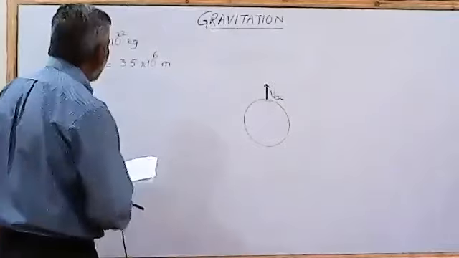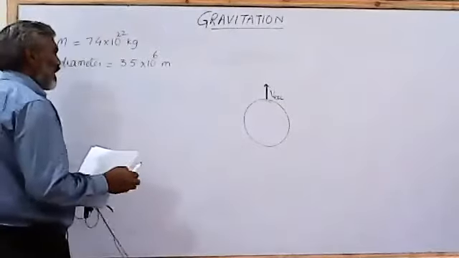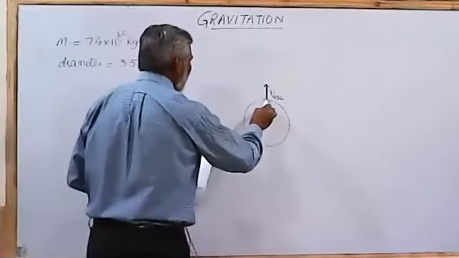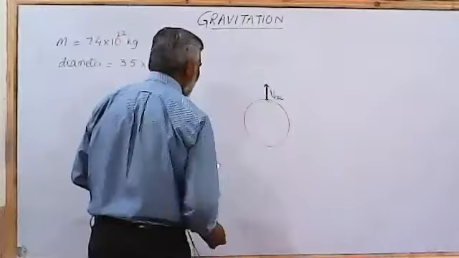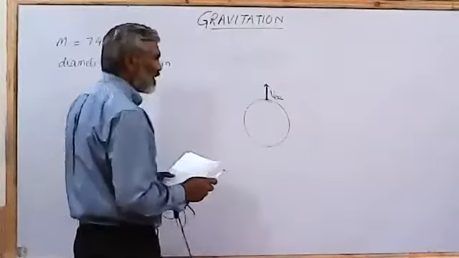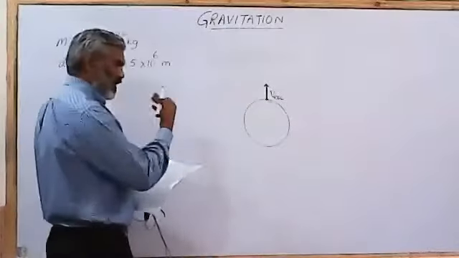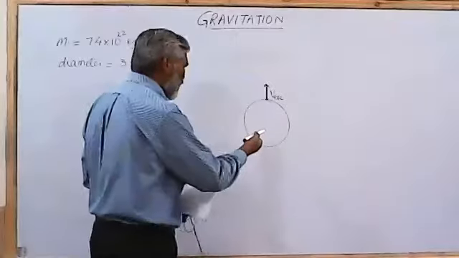As we discussed earlier, we must know what is the gravitational potential energy at the surface of the planet, or the gravitational potential energy at the surface of Moon in this case.